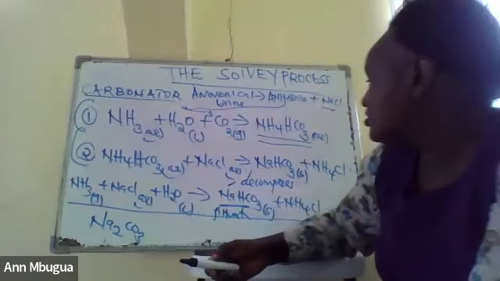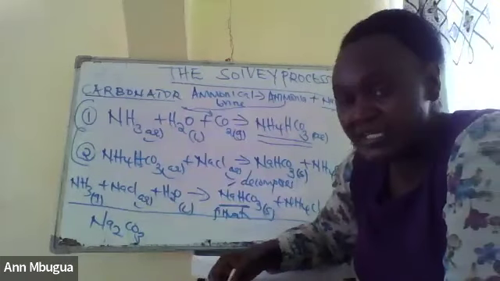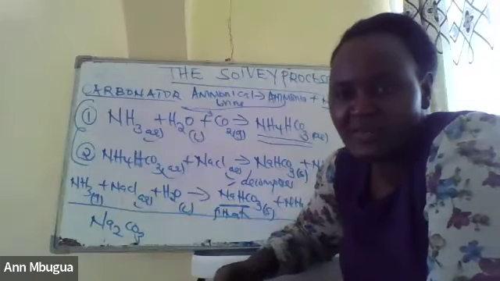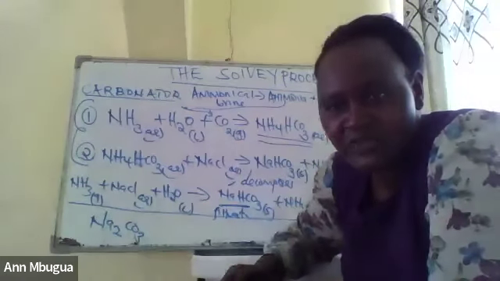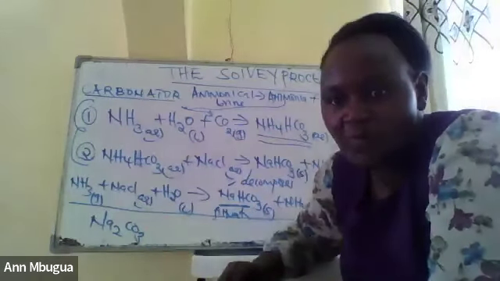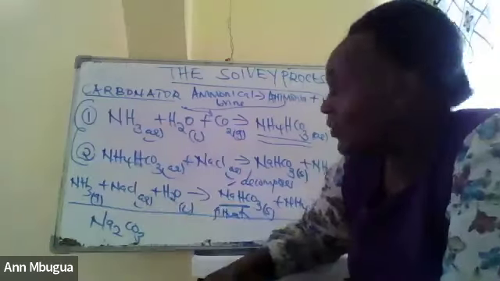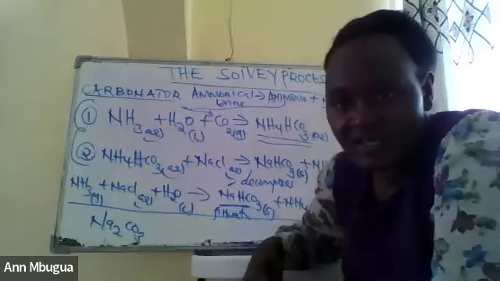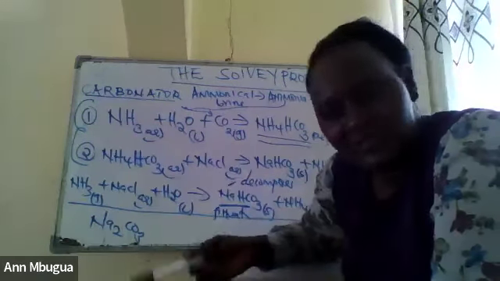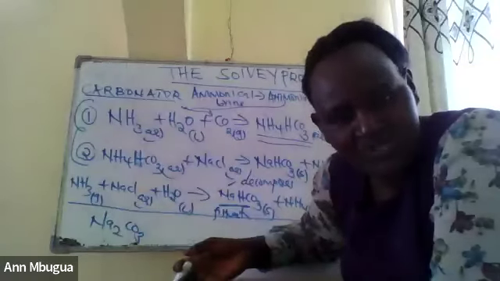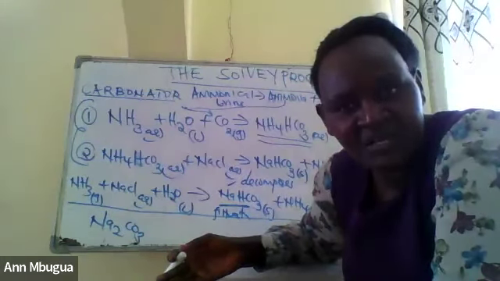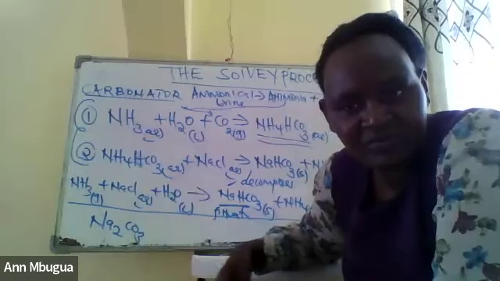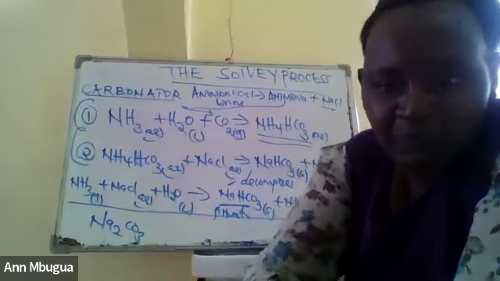Ammonium hydrogen carbonate. Ammonium is not a metal. When I was talking about action of it on metal, I was talking about those that are in form of metal. So in this case, ammonium hydrogen carbonate depends whether there is moisture or not. All salts of ammonia will be soluble. So if there is water, it will be aqueous. If there is absence of water, itakuwa in solid state.